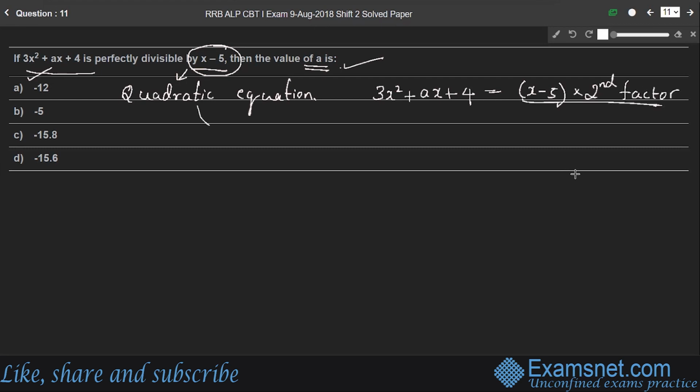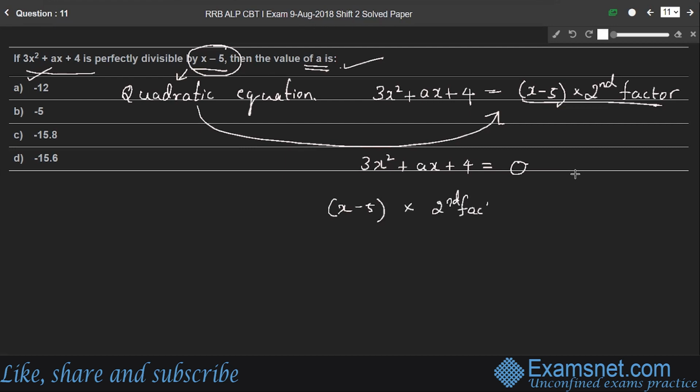If a quadratic equation can be written as a product of its factors, then we can easily equate the quadratic equation to 0. 3x squared plus ax plus 4 is equal to 0, which means x minus 5 into the second factor, the product of the two factors, is equal to 0, which implies x minus 5 is equal to 0 or the second factor is equal to 0.